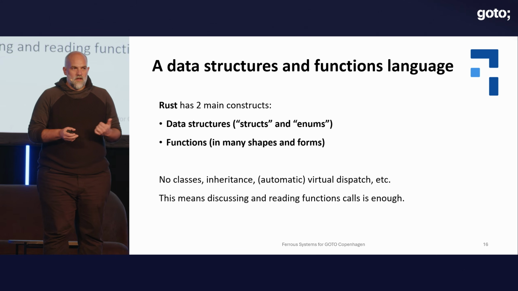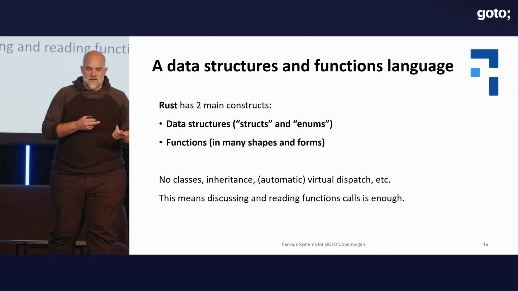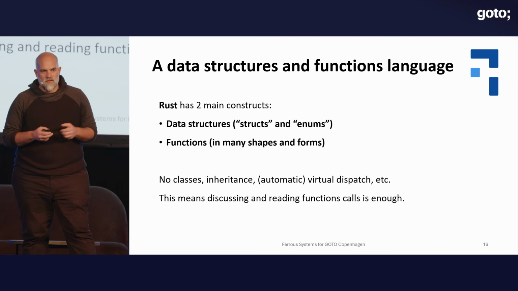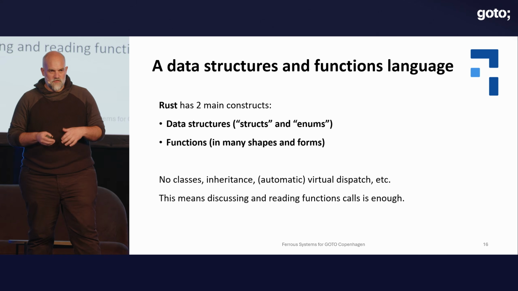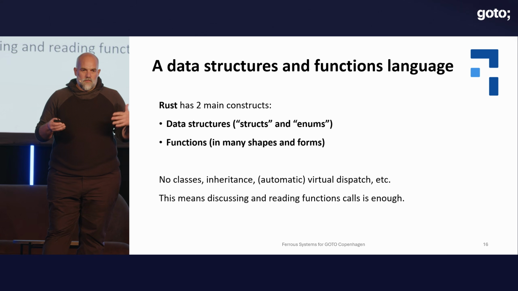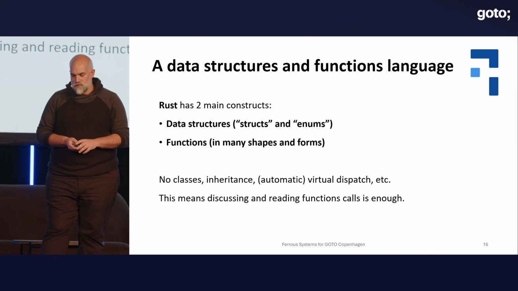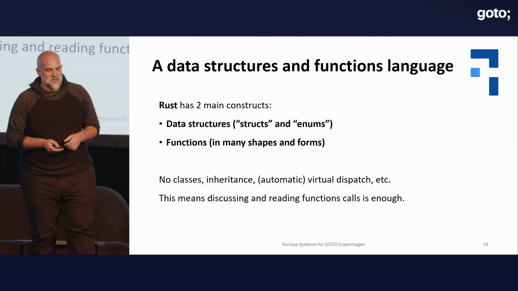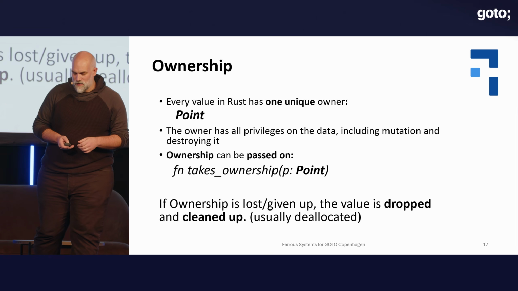Particularly, it has nothing like classes. It has no inheritance. It has no automatic virtual dispatch. There's a virtual dispatch feature that you can opt into, but there's nothing in the language that activates it just by you doing a certain thing. That means we're going to read function signatures a lot in this talk.